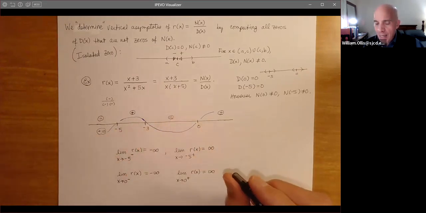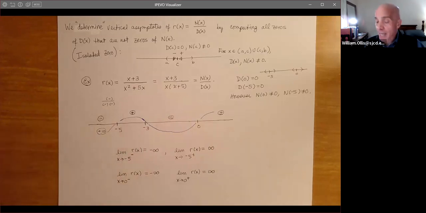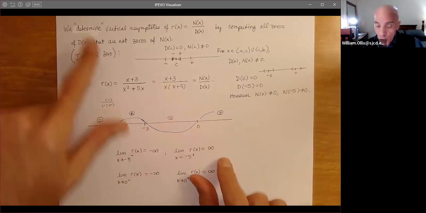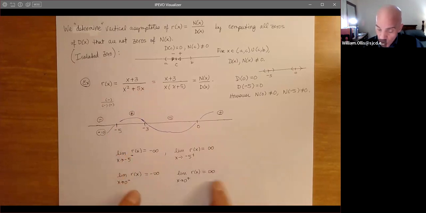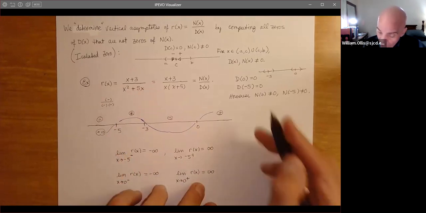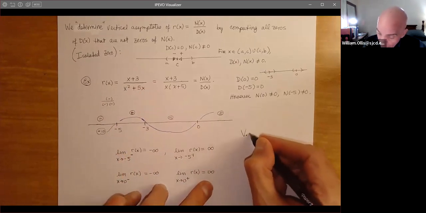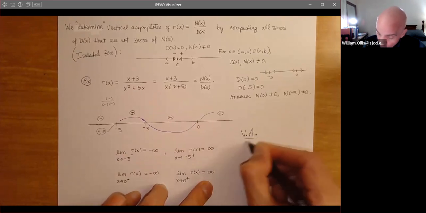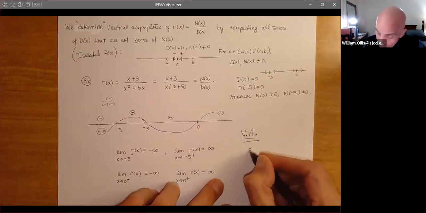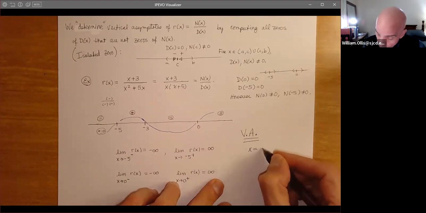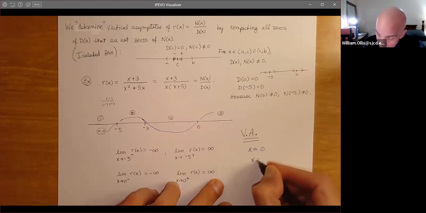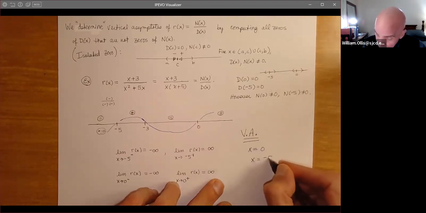Basically, what they're saying is that the numbers that you eliminate basically determine the vertical asymptotes. So now let's just write to the side here, the VA. Now that we're professionals, we'll just call them vertical asymptotes. We know we have x equals 0 and we have x equals -5.